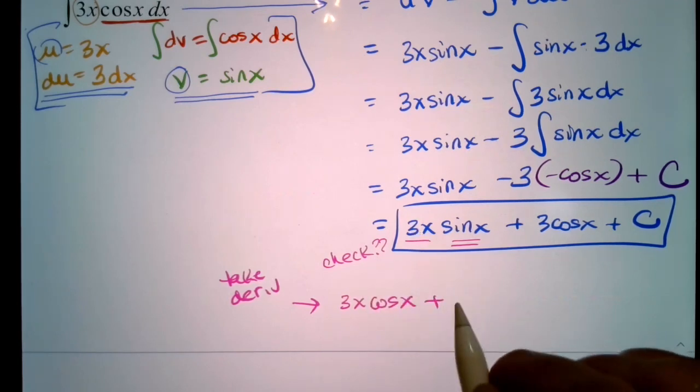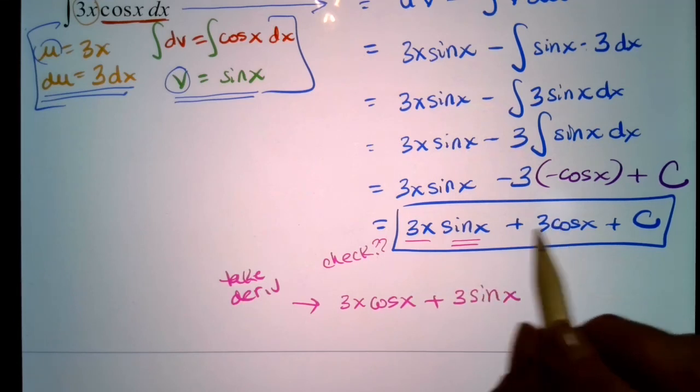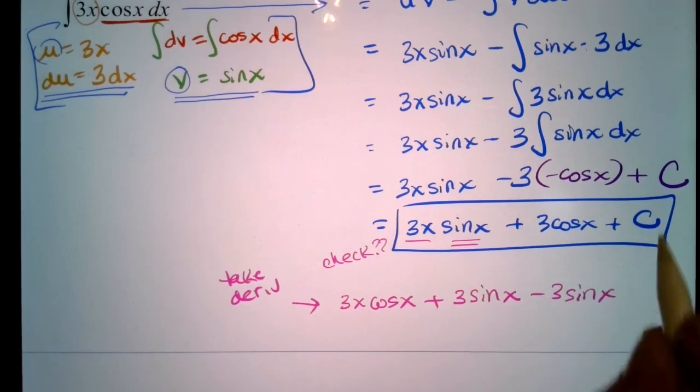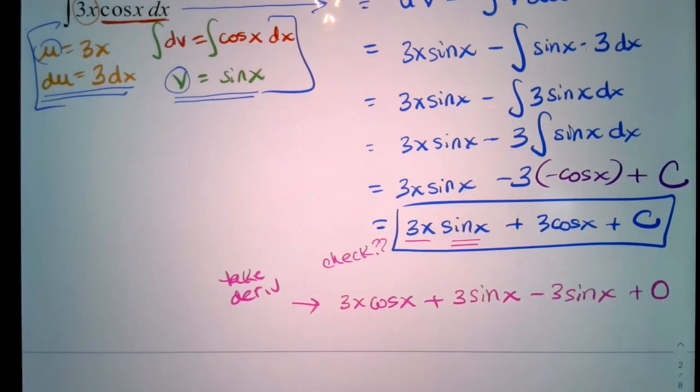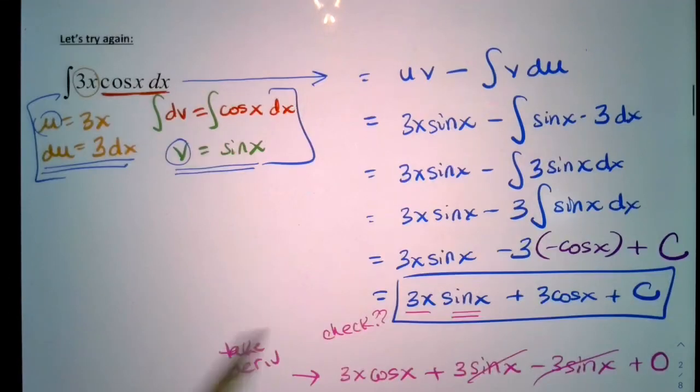Then I'll add to that the derivative of 3x is 3, leave the second guy alone. The derivative of cosine is negative sine, right? And the derivative of that constant of integration would be 0. So guess what you have? These guys cancel out. Yes, if you take the derivative of your integral, you ended up with the original function that you had started with.